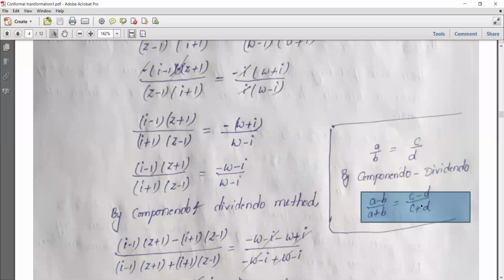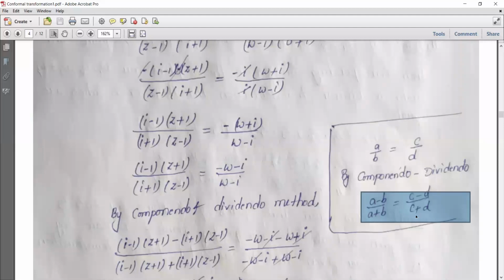Once you remember clearly, you subtract the denominator from the numerator in A minus B. Similarly, in the RHS numerator you should write C minus D. Next, the denominator is the addition of A and B, and the RHS denominator is likewise C plus D. So, numerator minus denominator by numerator plus denominator is equal to numerator minus denominator by numerator plus denominator.